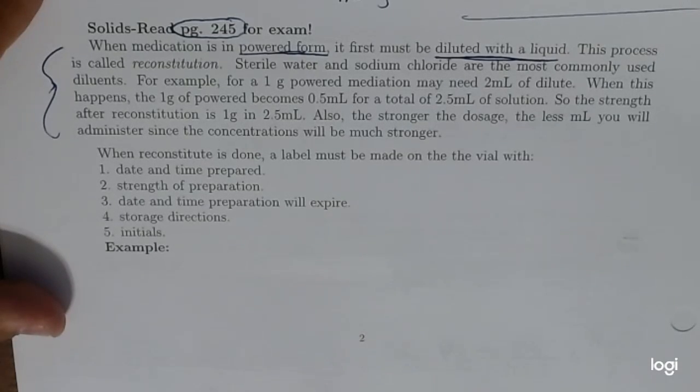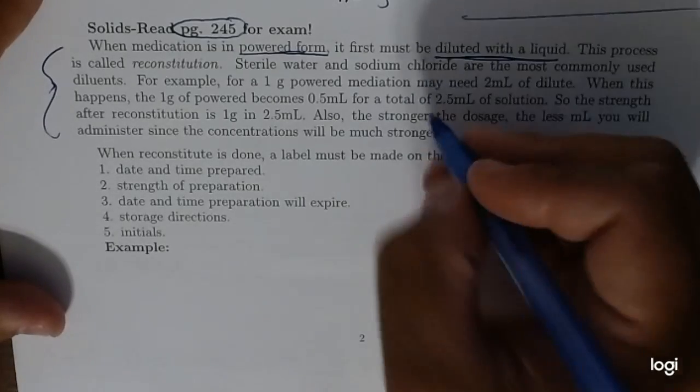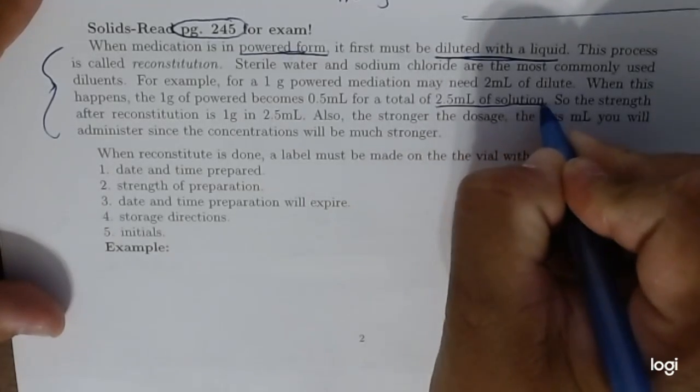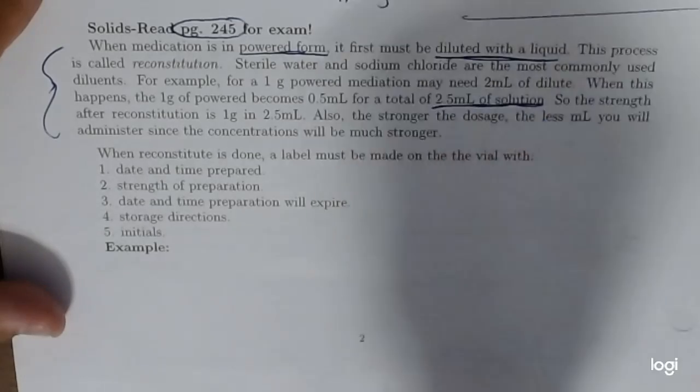Sterile water and sodium chloride are the most commonly used diluents. For example, a 1 gram powder medication may need 2 milliliters of diluent. When this happens, the 1 gram of powder becomes 0.5 milliliters for a total of 2.5 milliliters of solution. Hopefully that makes sense, just like we did in chapter 8.